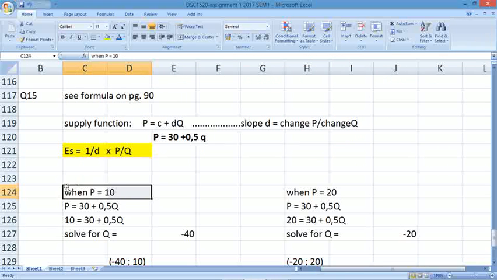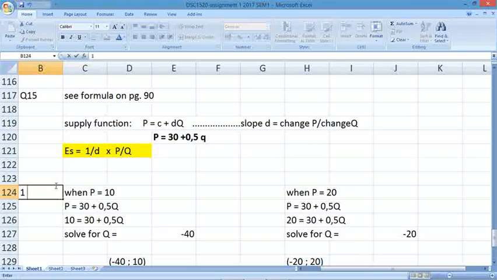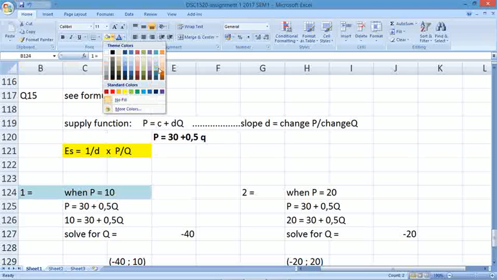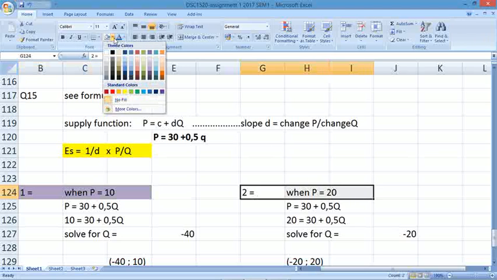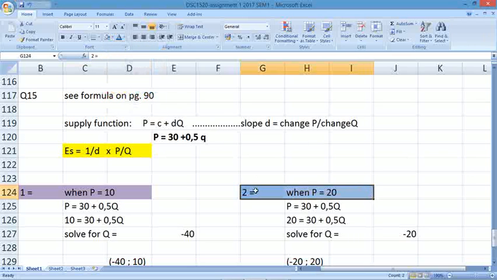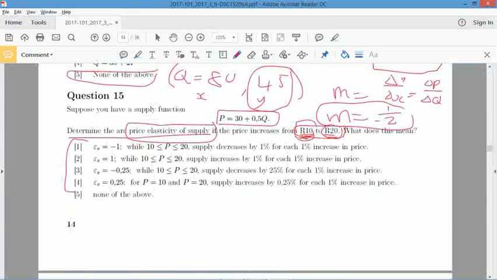So there's the first scenario, scenario 1, and then scenario 2. Scenario 1 was looking at when price was 10, and scenario 2 was looking at when price is 20. That came from the question.